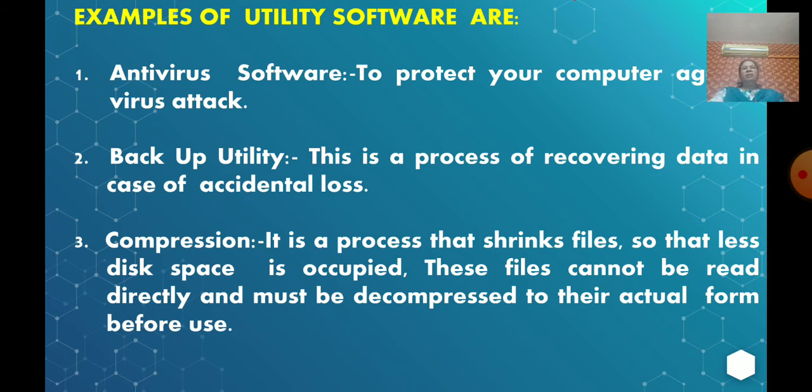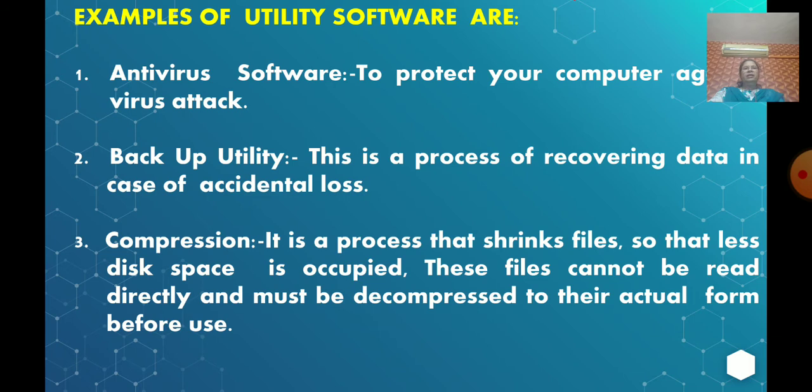Same thing, compression. The compression software is used to shrink the files, so that less disk space is occupied. These files cannot be read directly. Once you compress your file, you cannot read it directly and it must be decompressed to its actual form before use. You are using WinZip and all, right?